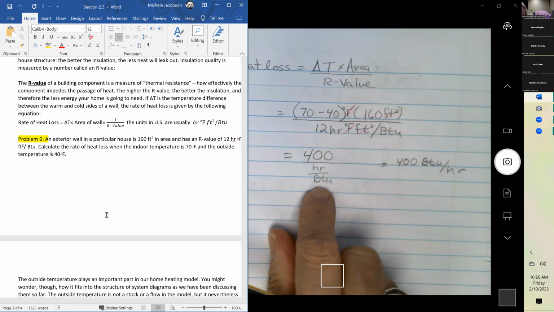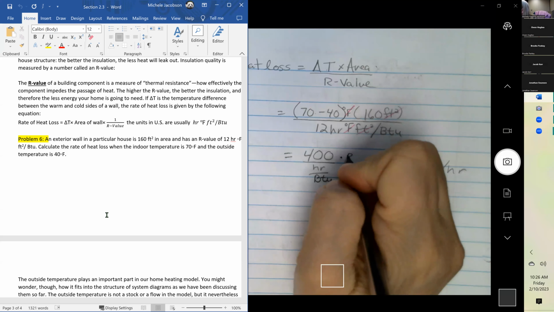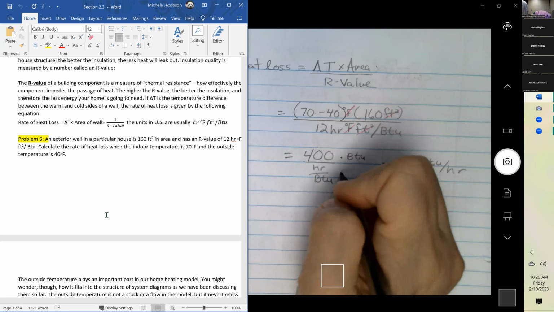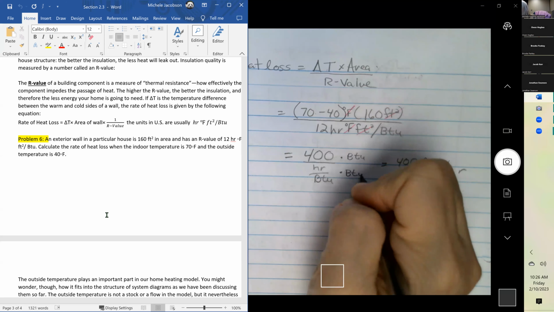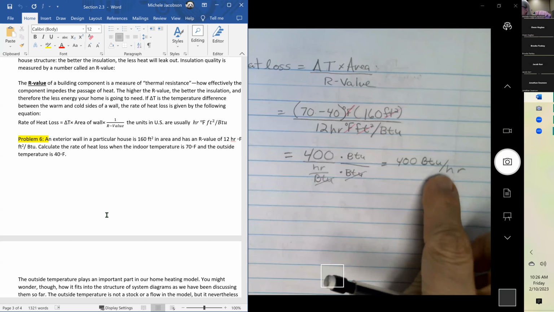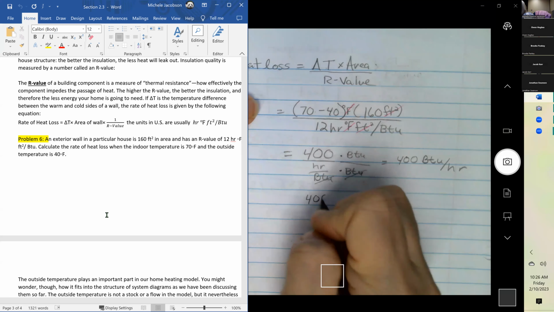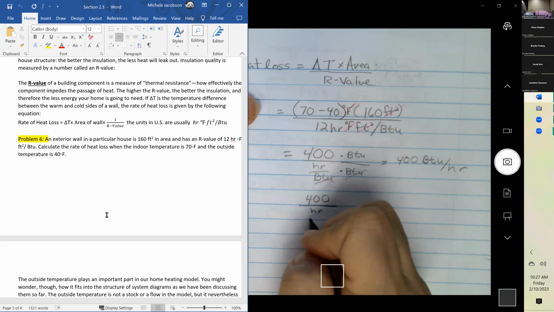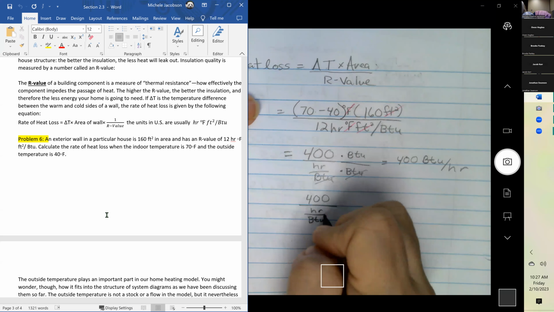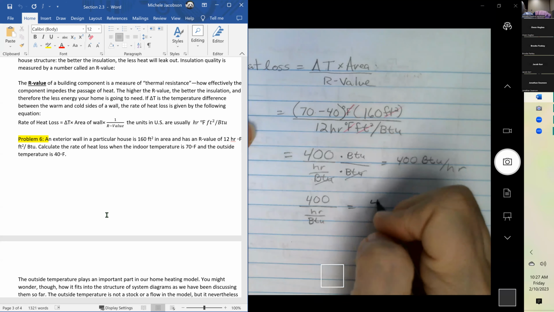Because this is in the denominator of the denominator, we can multiply by BTU over BTU. These two will cancel and leave 400 BTUs per hour. Or you can think of it as flipping the bottom fraction and multiplying. When you're dividing by a fraction, you can flip it and multiply.